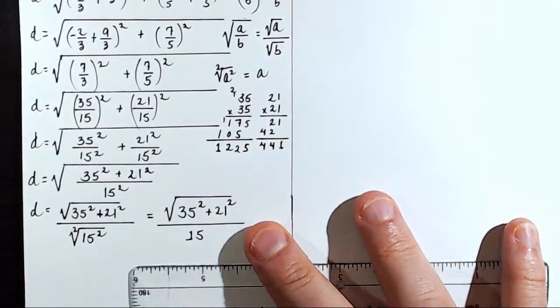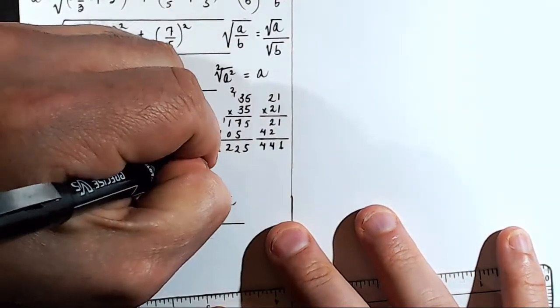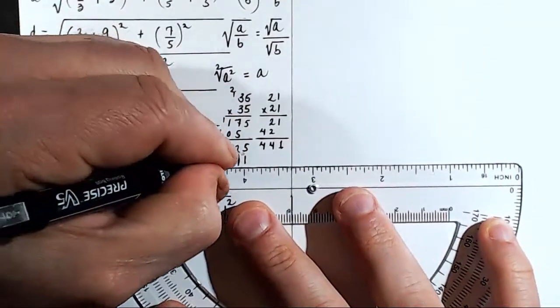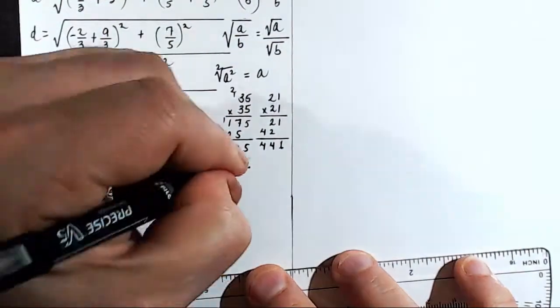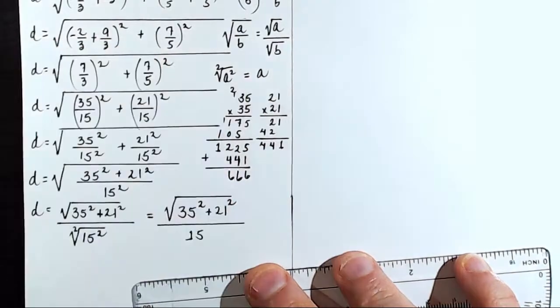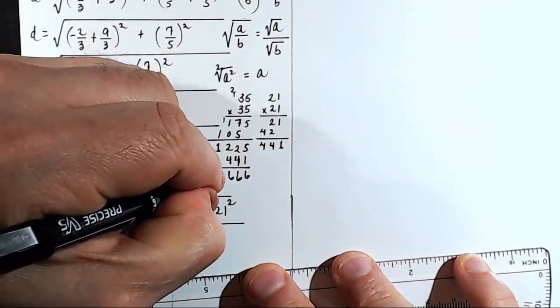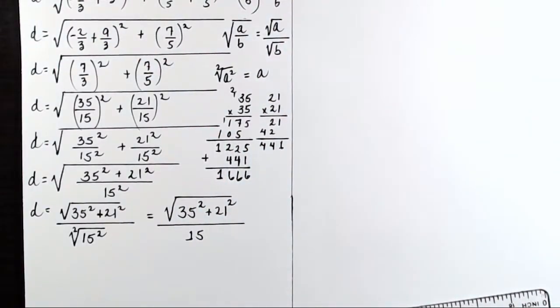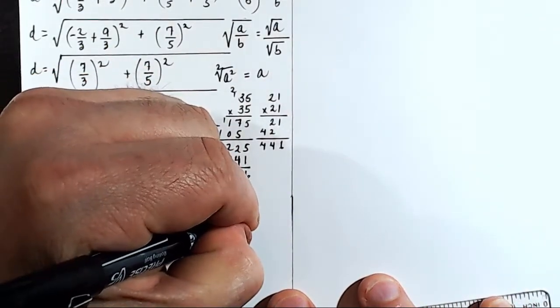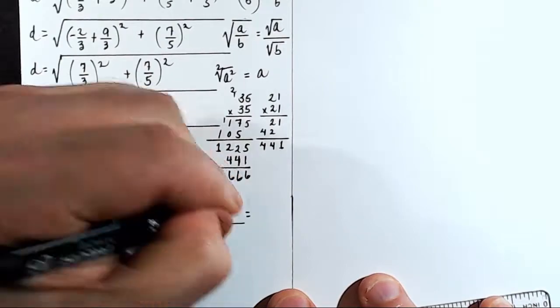And now we have to add these two together, all right? 1225 plus 441. So I'll just stack them up like this. 5 plus 1 is 6. 2 plus 4 is 6. 2 plus 4 is 6. And then bring down the 1. So now I have in the numerator, I want to write this out here.